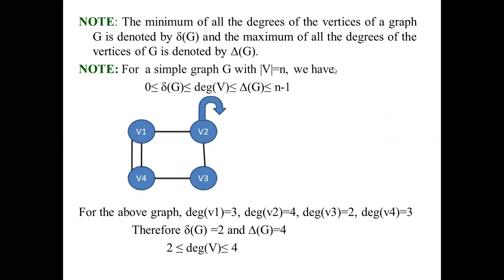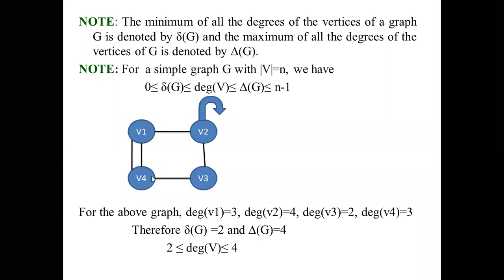So the minimum of all the degrees is denoted by delta of G, and the maximum of all the degrees is denoted by capital delta of G.